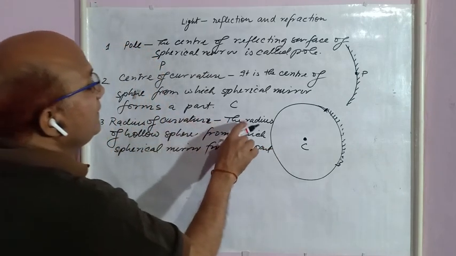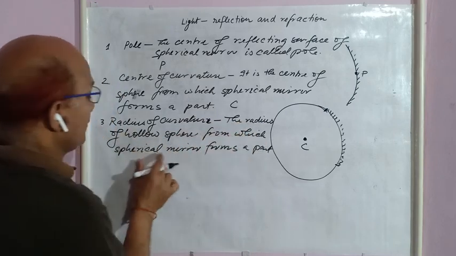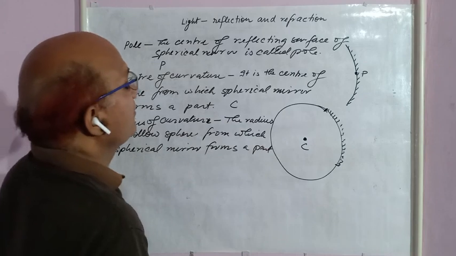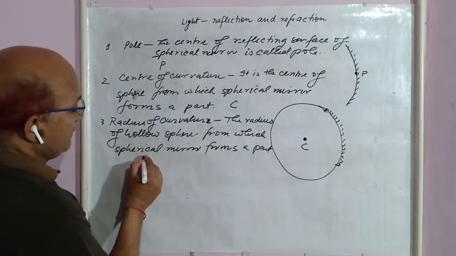Radius of curvature is the radius of the hollow sphere from which the spherical mirror forms a part, and it is denoted by the letter R.